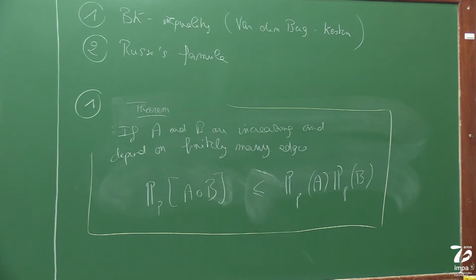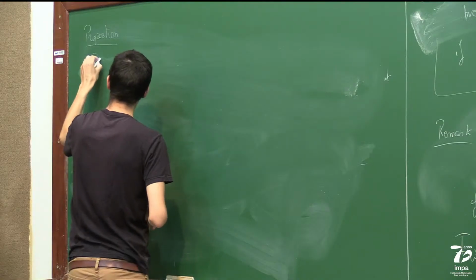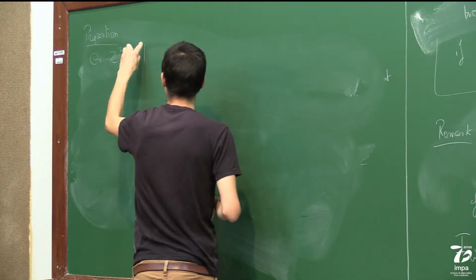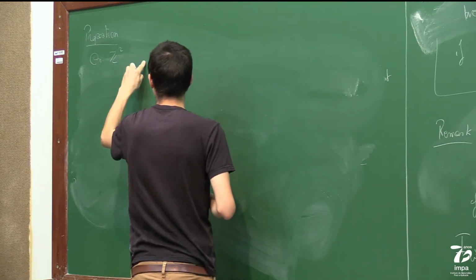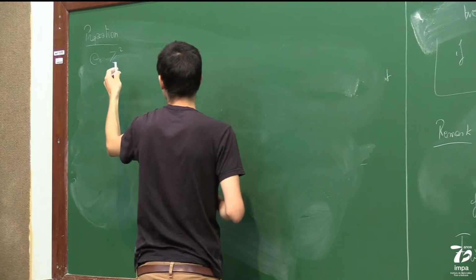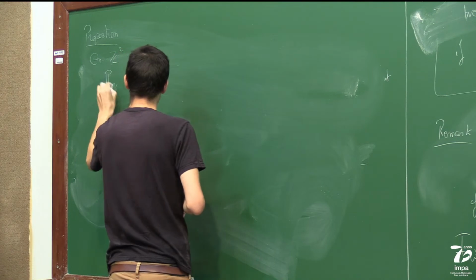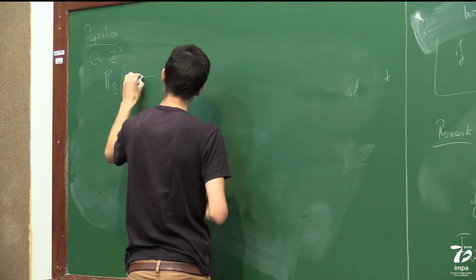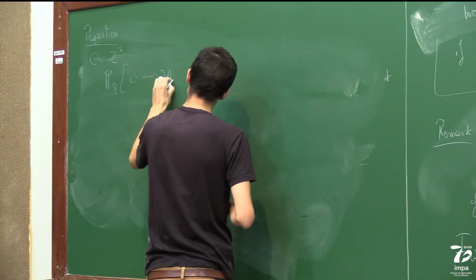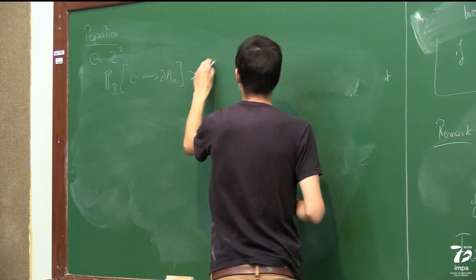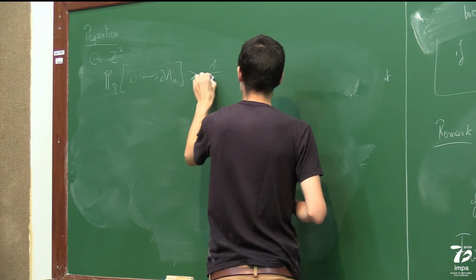So, proposition: on Z2, what we have is that P 1/2 of 0 connected to distance n is larger than 1/2 square root of n.